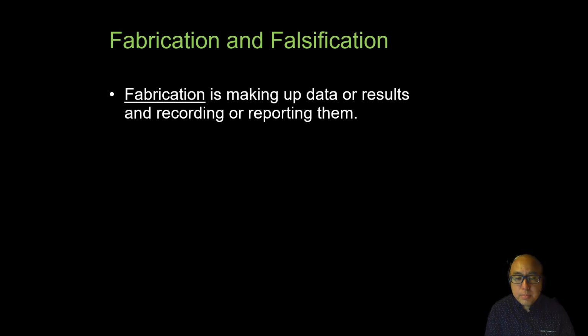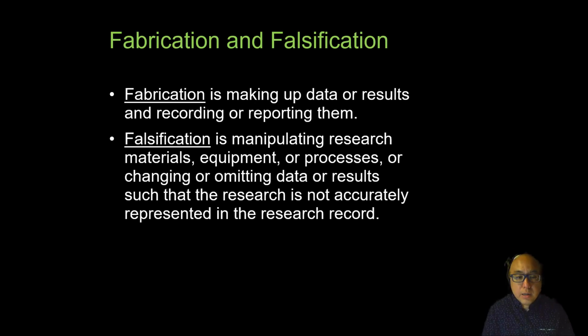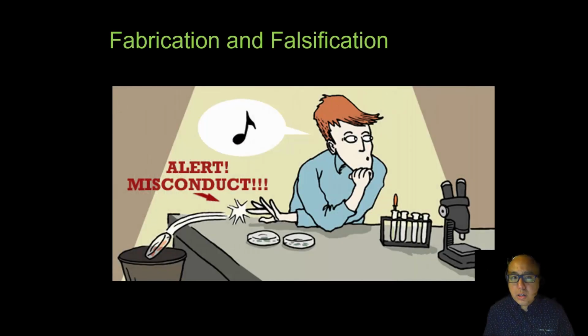Fabrication is simply making up results, making up data in terms of recording, analyzing, and reporting them. Falsifying is when you manipulate data, or manipulate equipment, that leads to a certain or desired outcome. So this is a serious issue with scientific research, and unfortunately we find cases in different areas of research in which researchers have been proven guilty, if you will, of falsifying or fabricating data.